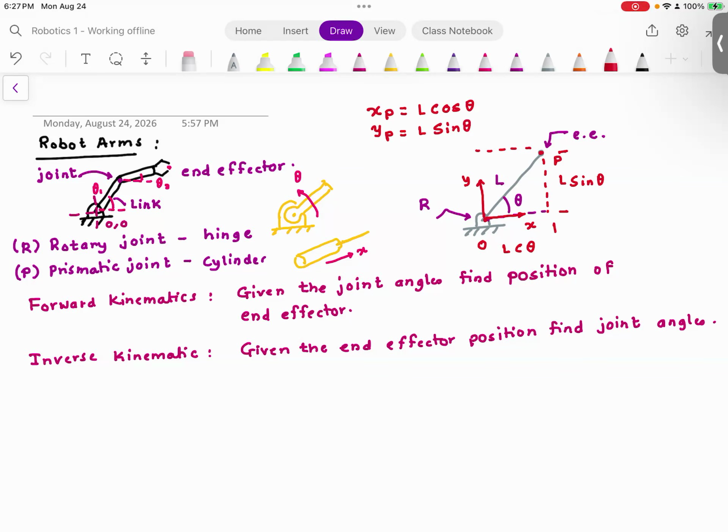Please note, L is fixed. Do you agree with me? L is fixed. The only thing that changes is theta.